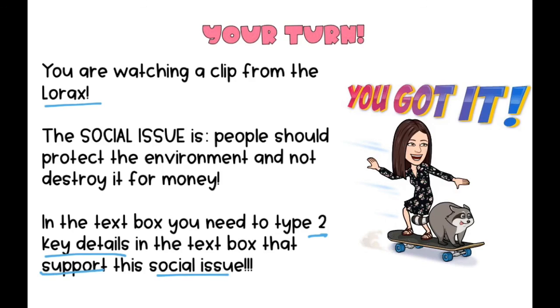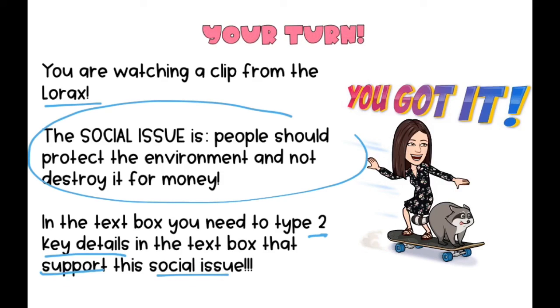Now, remember, we don't want to say something as, oh, the trees were so cute. That does not support this social issue. So make sure you have written 2, not 1, not 3, not 4, but 2 key details that you have learned through this. Okay?